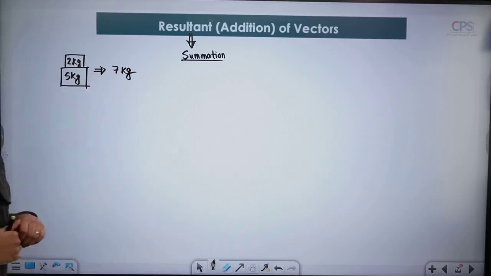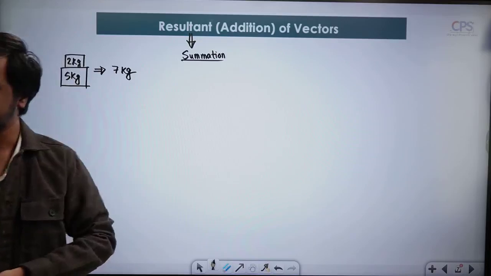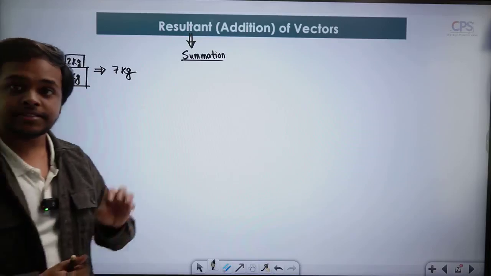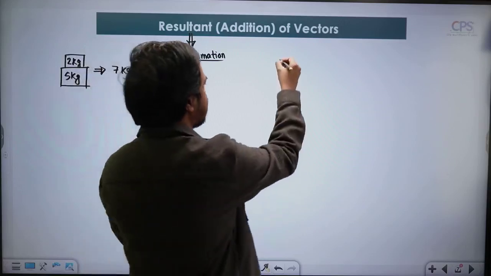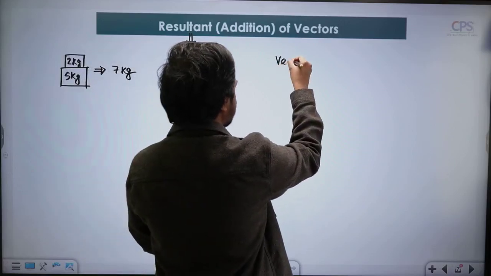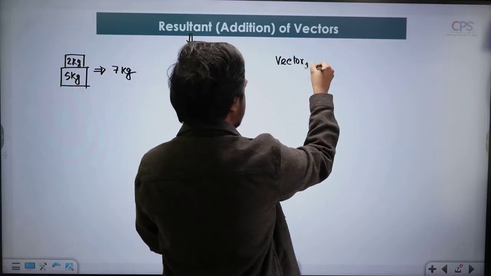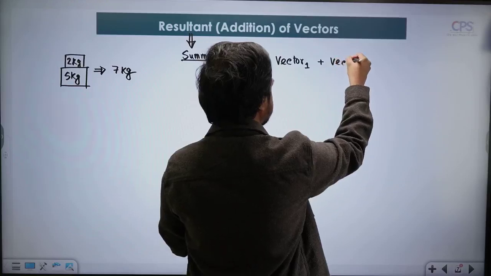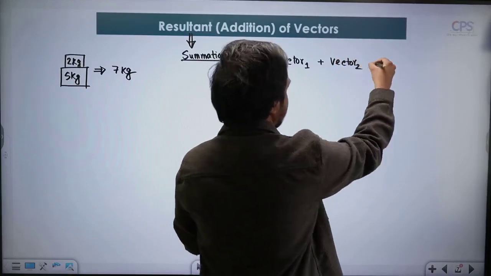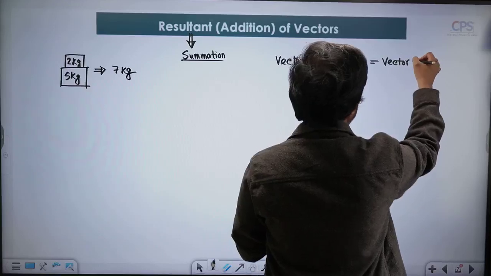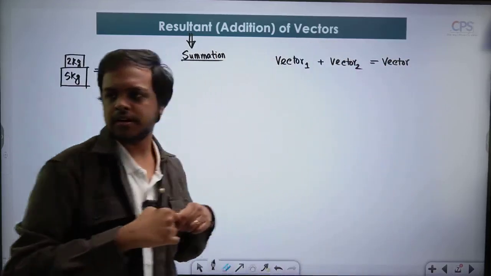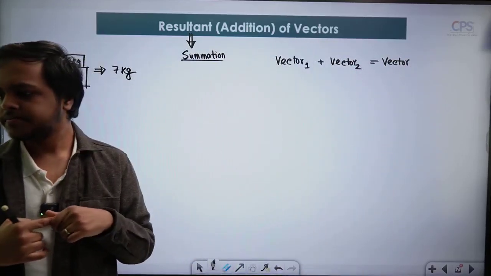This is the summation of a scalar quantity. But vectors have direction associated with them, so the summation will also have a direction. Or on the other hand, we can say if we add vector 1 plus vector 2 and get another vector, that is called resultant.